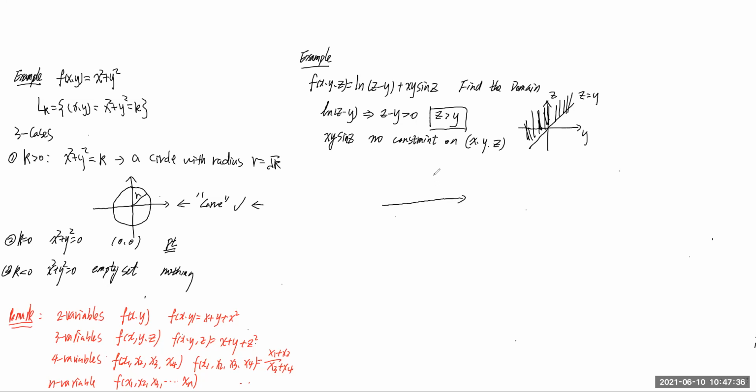Let's first, this is X. Sorry, this is X, this is Y, this is Z. Let's erase this. So Z is greater than Y. You just pretend the left wall is our YZ plane, and then you try to draw a picture.